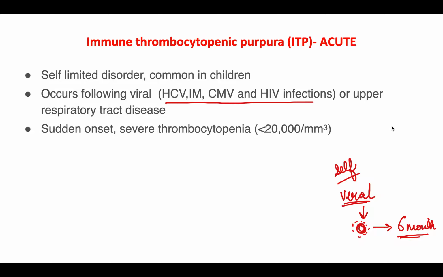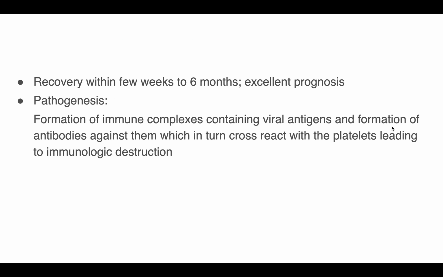Multiple viral infections can cause it, or any upper respiratory tract infection. It is of sudden onset. It is a severe type of thrombocytopenia. The patient will have a platelet count mostly less than 20,000. So it's a severe thrombocytopenia, but it corrects itself on its own. Recovery occurs within a few weeks to 6 months. It has an excellent prognosis.